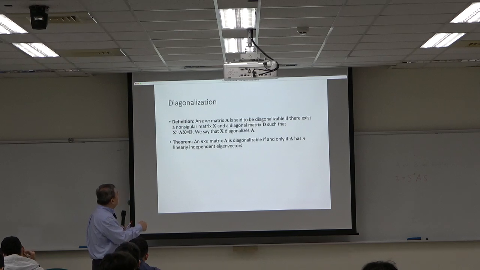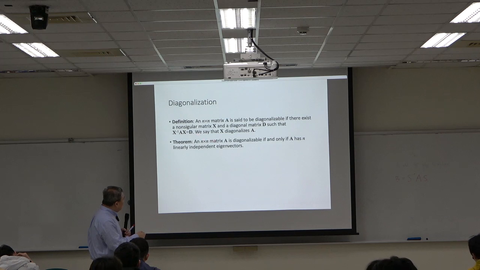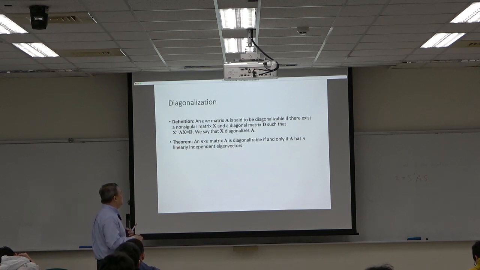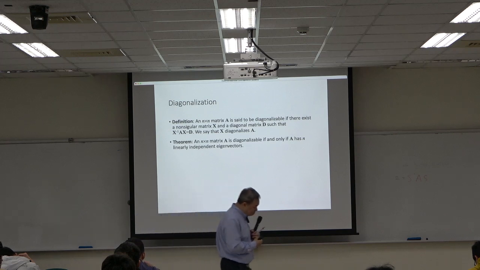So this is a definition. There's a theorem: an n times n matrix A is diagonalizable if and only if A has n linearly independent eigenvectors.